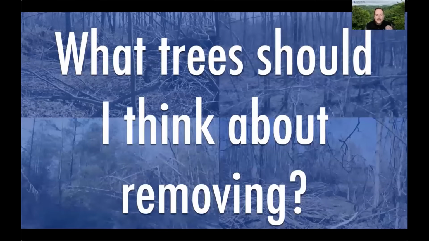And so what trees should I think about removing following an ice storm? Sometimes it's not necessary to remove any trees if we just had a light disturbance. Other times we might have a much more catastrophic disturbance and we need to remove a lot of the trees because they're so severely damaged.